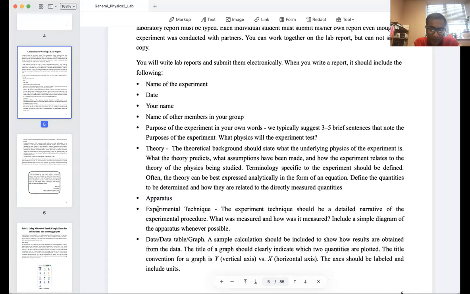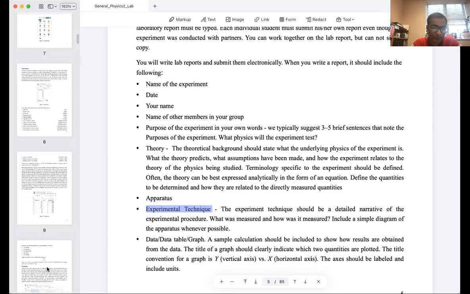Experimental technique. After you have performed the experiment, you know what you have done, right? So in your own words, write what you have done, how you performed the experiment. That is the experimental technique. It is not the procedure and analysis.